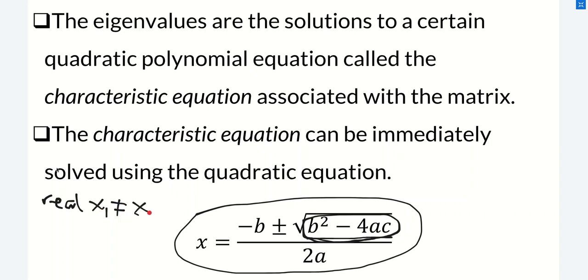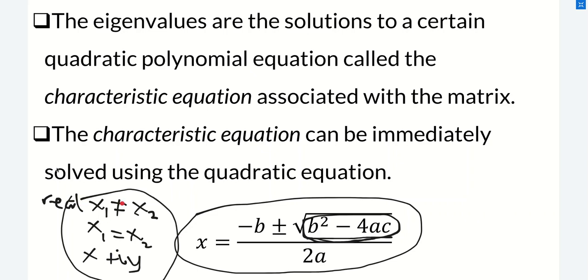Then the other one is repeated, where x1 is equal to x2. Then the next one is complex, where you have, let's say, x plus some complex value i y. So you are going to get three possible solutions out of this.